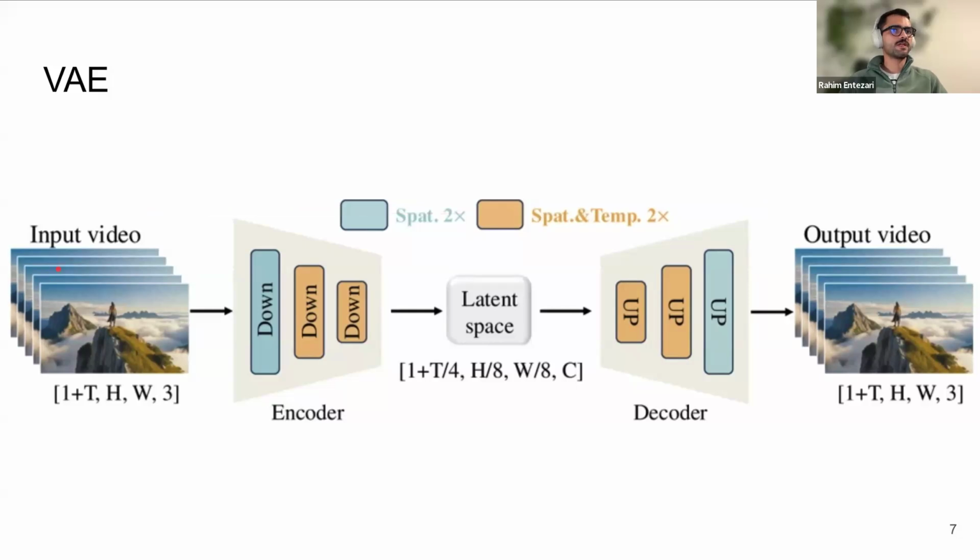Let me explain first what it does. It starts from an input video, which has T frames, let's say 80 frames, like 5 seconds at 16 FPS. There is some height and width, let's say 1000 by 1000, and then 3 channels. That's the input video. The job of this VAE is to compress and decompress.